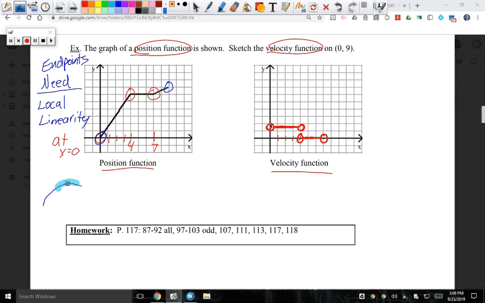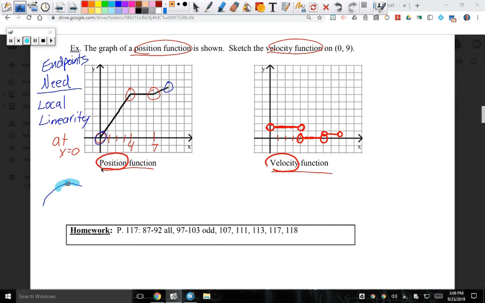And because it's a cusp, both of them would be open. Okay? And then finally, from 7 to 9, what's the slope? 1.5. So we'll have open here and open there. Does that make sense? I just want to show endpoints and cusps, and also what the function of velocity looks like graphed out compared to its position.